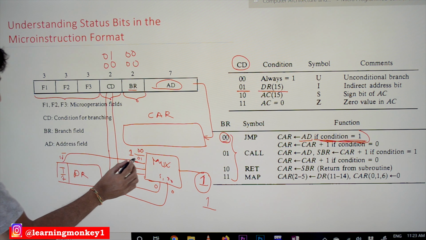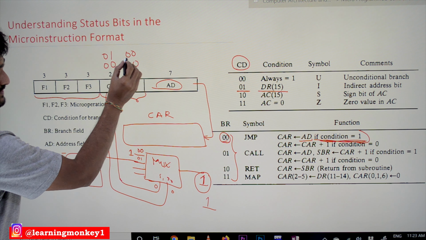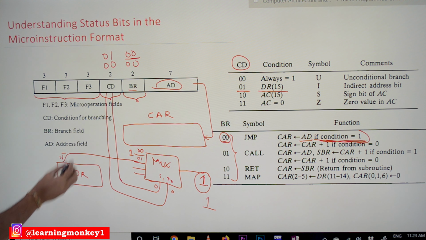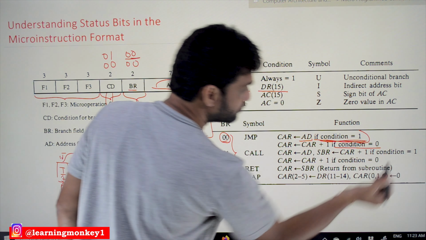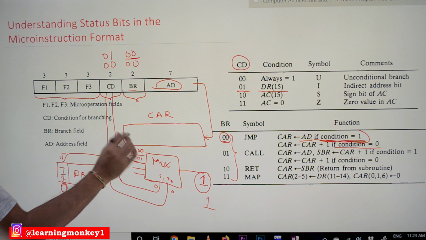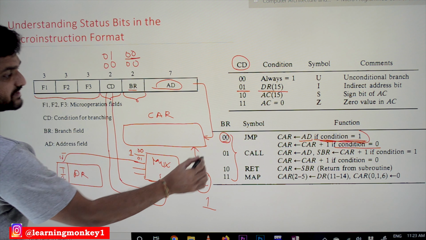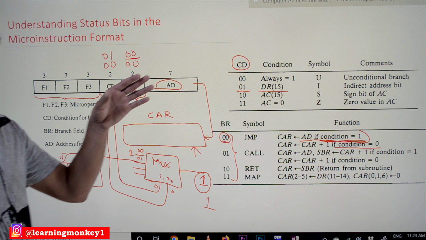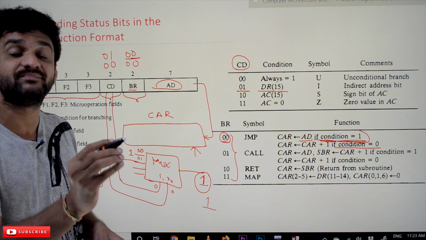If this 0 0 1 has been selected, the condition is 0 1 and the BR value is 0 0, and if the value of I is 0, which means the condition is 0, what we have to do is increment this control address register. So based upon the previous address, this control address register value will get incremented.